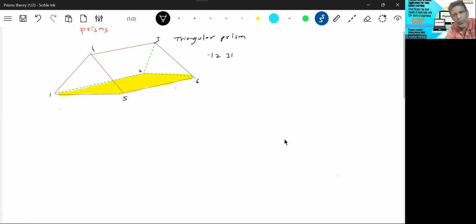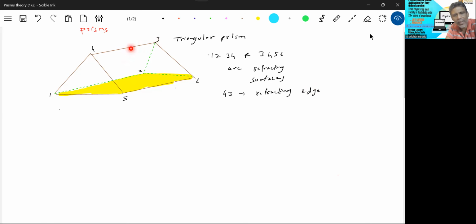So 1, 2, 3, 4 and 3, 4, 5, 6 are refracting surfaces. 4, 3 is called the refracting edge. So this particular thing is called a refracting edge. So these are the refracting faces, surfaces or faces.